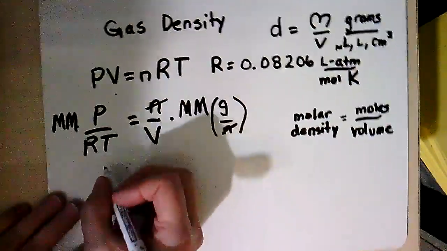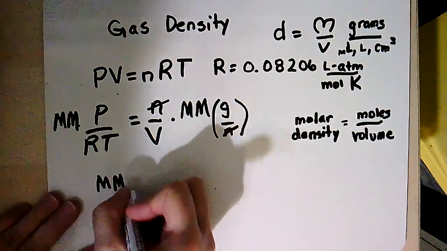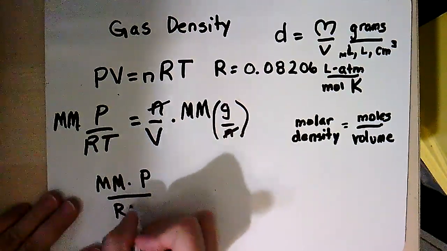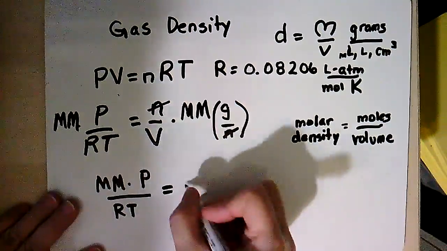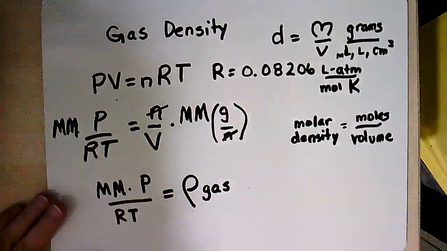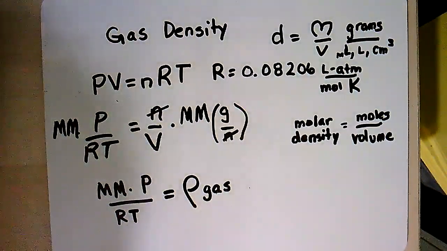So let me rearrange and write this again. So molar mass times pressure over RT is going to equal the density of a gas. Now, this only works for gases because it's based on the ideal gas law.